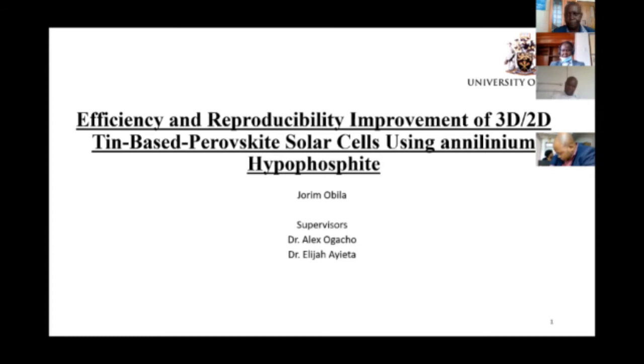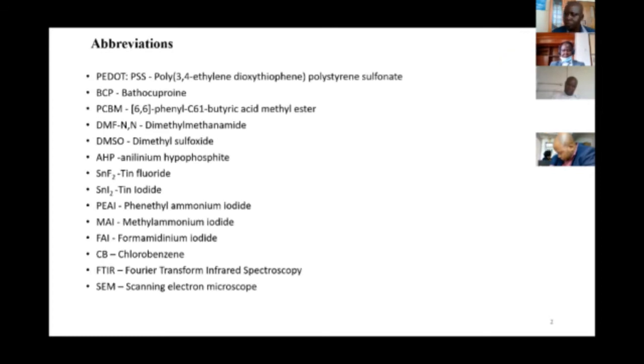Before we go further, participants can look at some of these abbreviations because I'm going to use them much. Some of these names are not easy to pronounce several times.